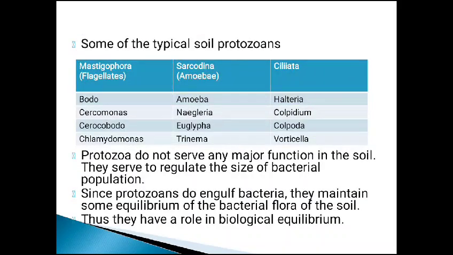The number per gram of soil ranges from a few hundred to several hundred thousand in moist soils rich in organic matter, and depending upon the conditions of the soil, protozoa may exist as vegetative forms.